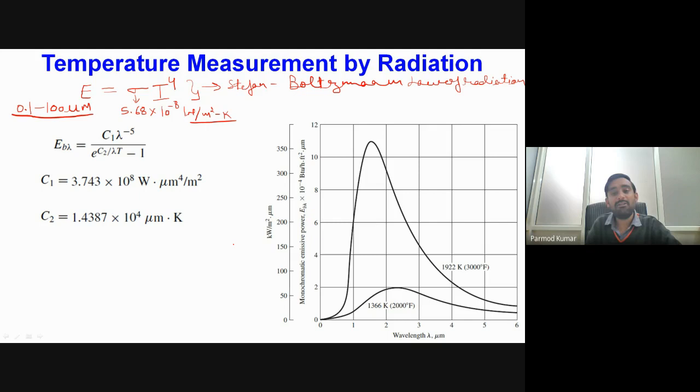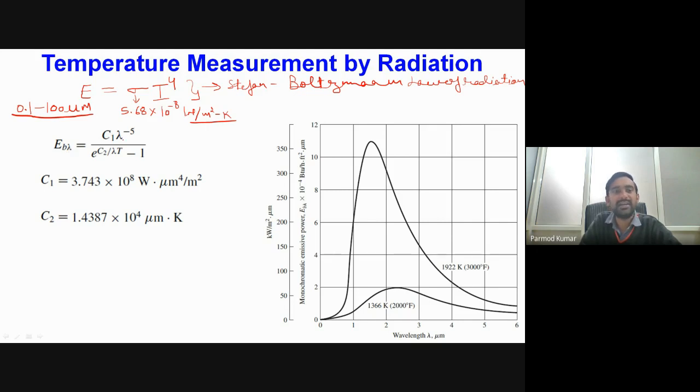Now, generally when a surface emits radiation, the radiation is not of a single wavelength; it is of multiple wavelengths. But the radiative emissive power associated with a single wavelength is given by Planck's formula, where E b lambda refers to the radiation emitted by a black surface, and lambda refers to a particular fixed wavelength.